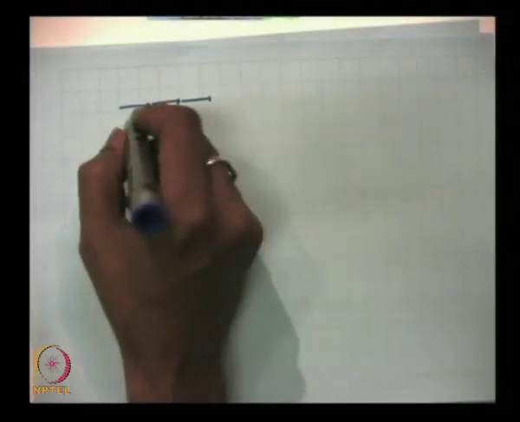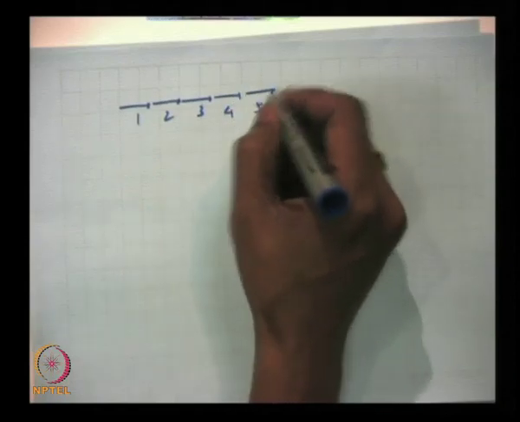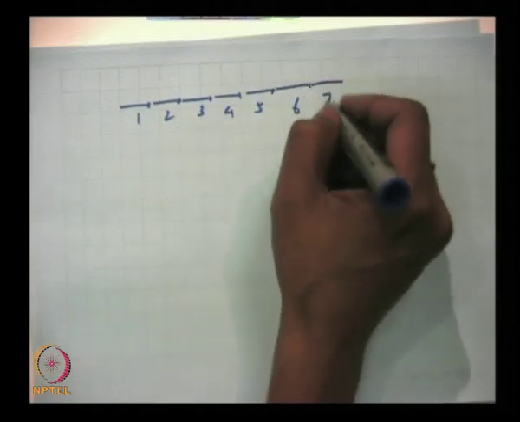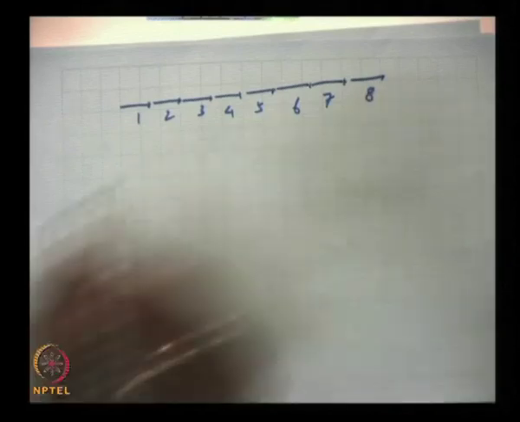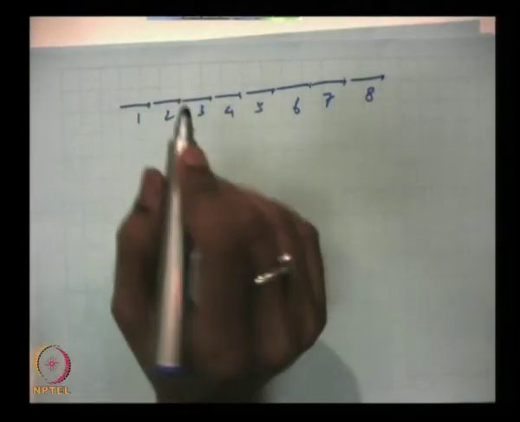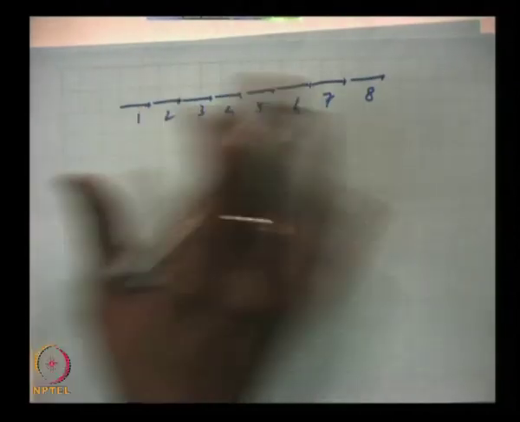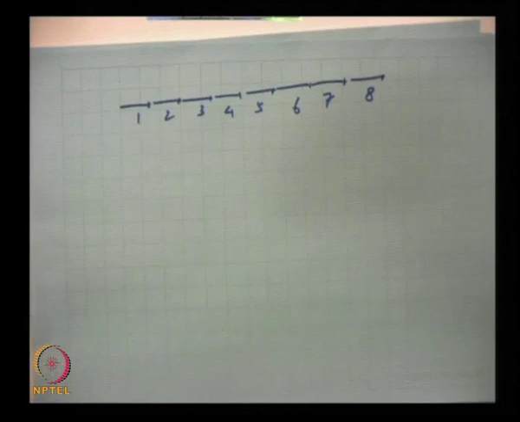So, I have some kind of intervals 1, 2, 3, 4, 5, 6, 7, 8. Suppose I have only 8 intervals, just for an example. Okay. I will define a tree kind of structure associated with these intervals.